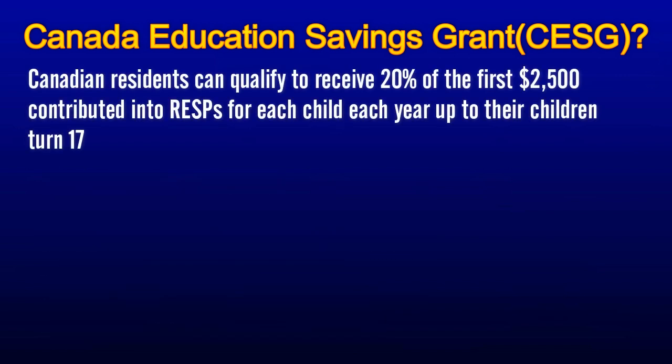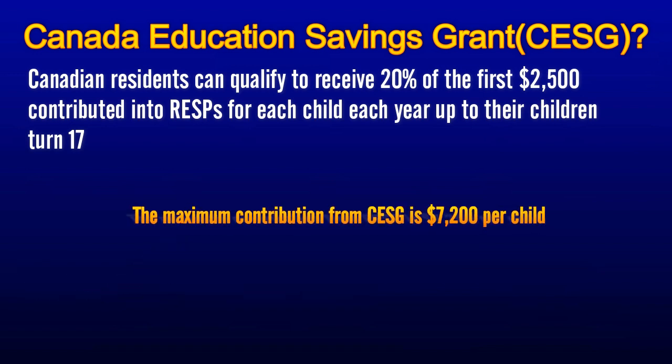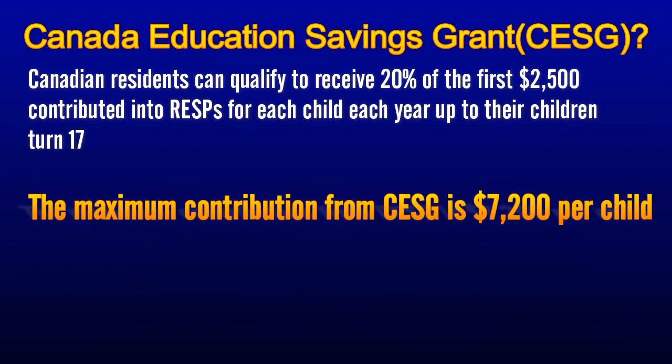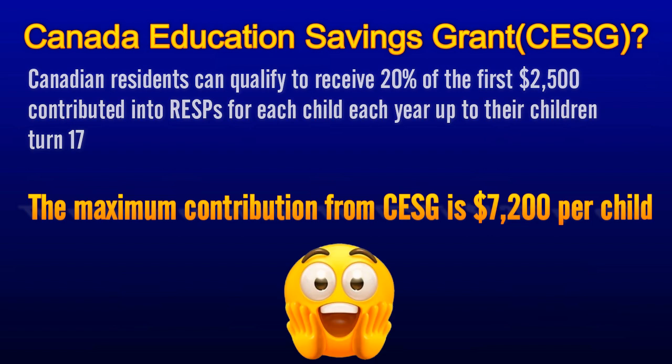Canadian residents can qualify to receive 20% of the first $2,500 contributed into RESPs for each child each year until their children turn 17. The maximum contribution from CESG is $7,200 per kid.